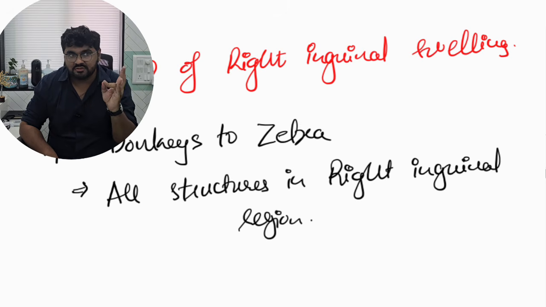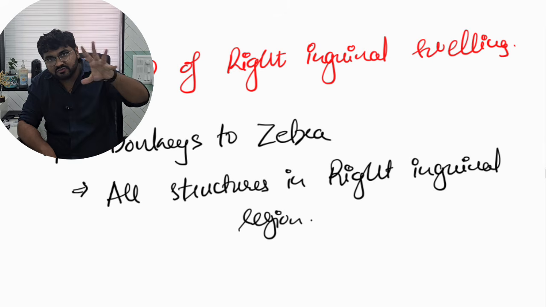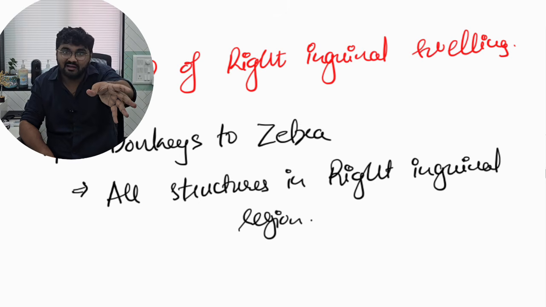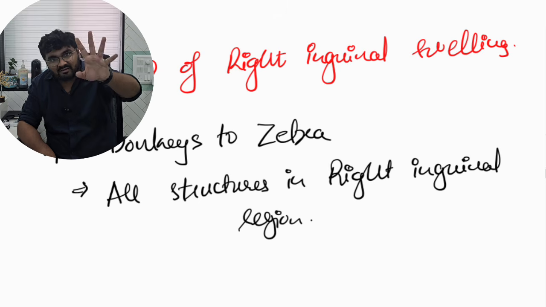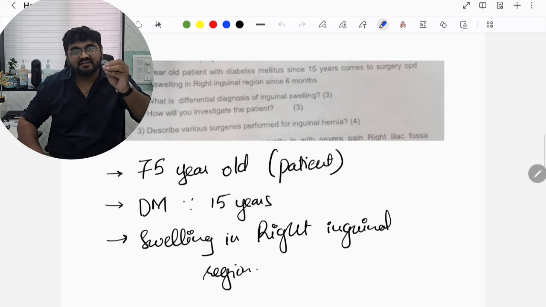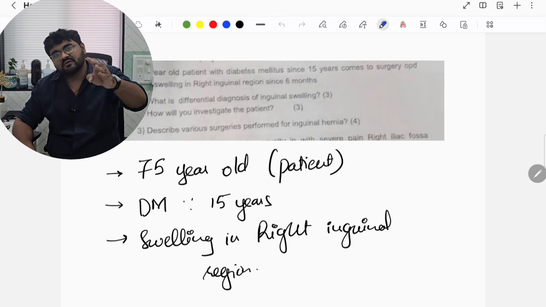Then you also have inguinal lymph nodes. You have the femoral artery, right? And the groin region is the inguinal region, as well as just below the inguinal, the femoral region, femoral canal. I'm giving you hints. So you have all these structures in the inguinal region and just below it. So whenever you are thinking about the differential diagnosis, you start from the donkeys and go to the zebras.